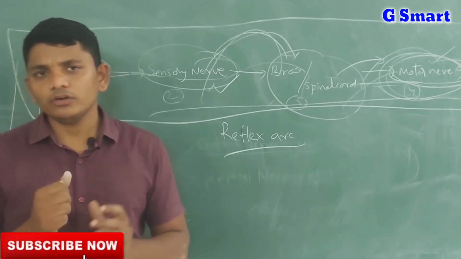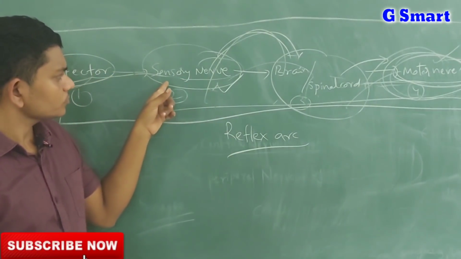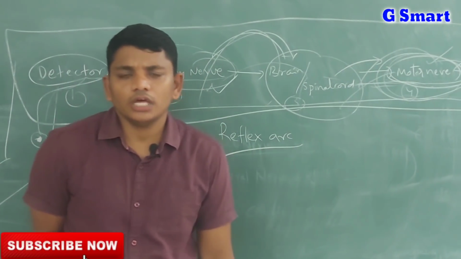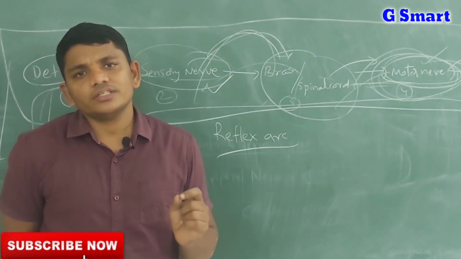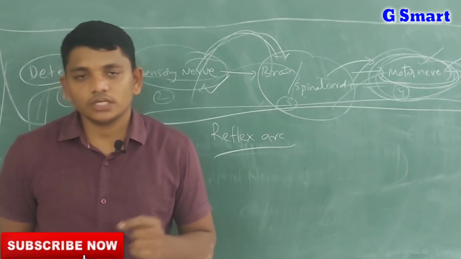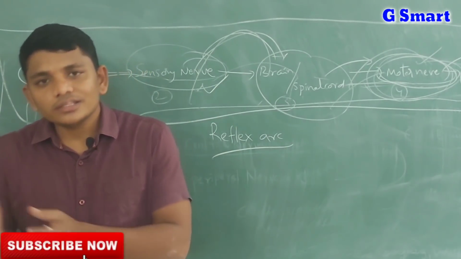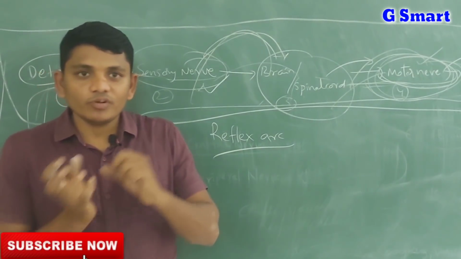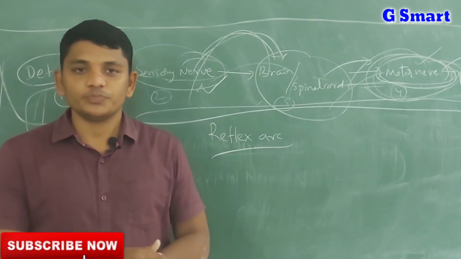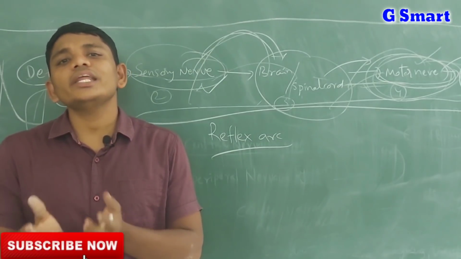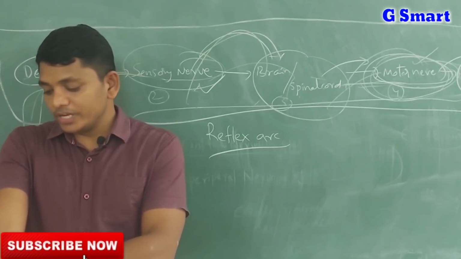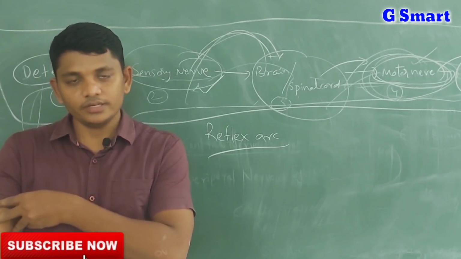Here you have to know about the sensory nerve and motor nerve. The main function of the sensory nerve is to gather information from the detector and carry it to the brain or spinal cord. So it is only carrying the stimulus. The sensory nerve appears outside of our body, right?